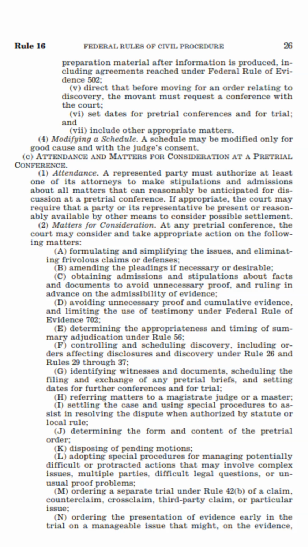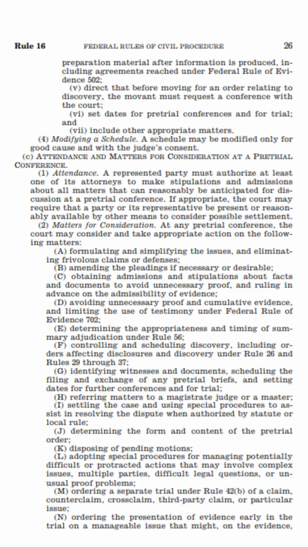L. Adopting special procedures for managing potentially difficult or protracted actions that may involve complex issues, multiple parties, difficult legal questions, or unusual proof problems. M. Ordering a separate trial under Rule 42(b) of a claim, counterclaim, cross-claim, third-party claim, or particular issue.